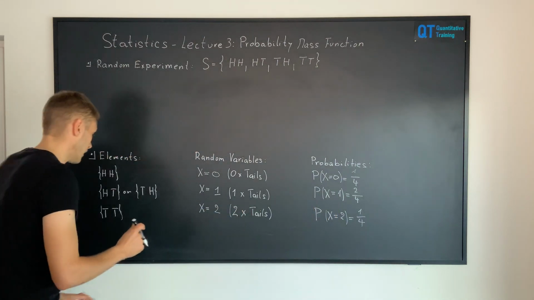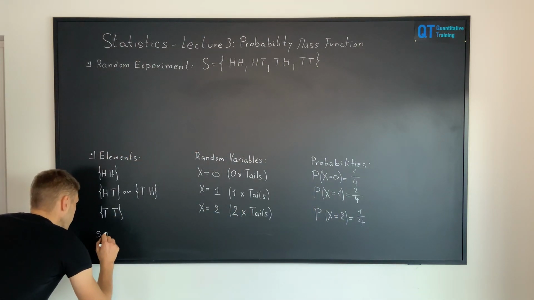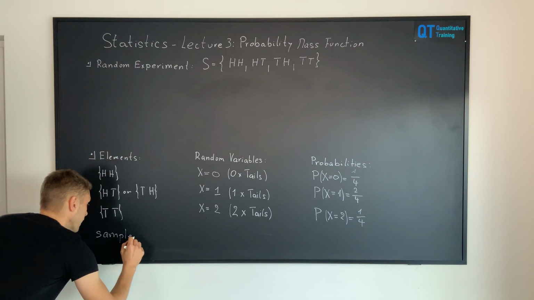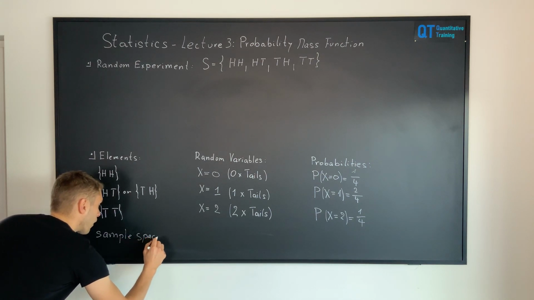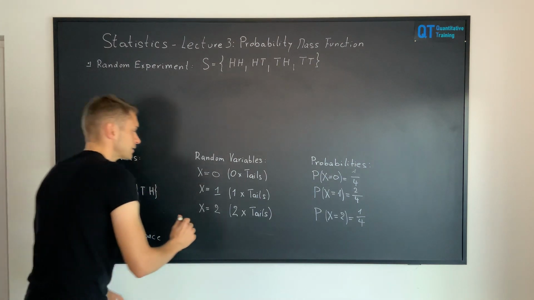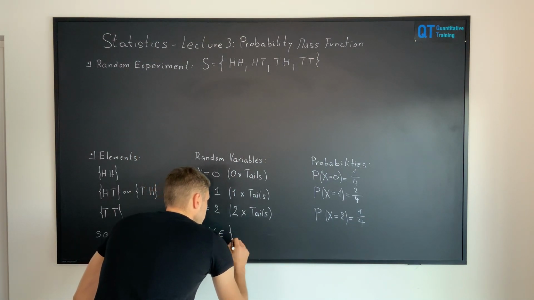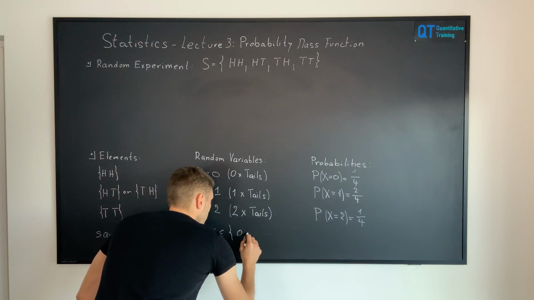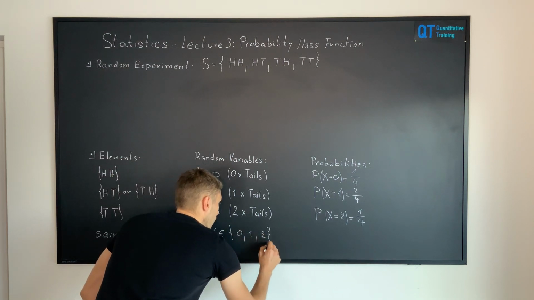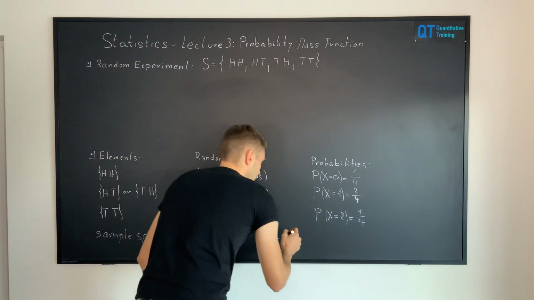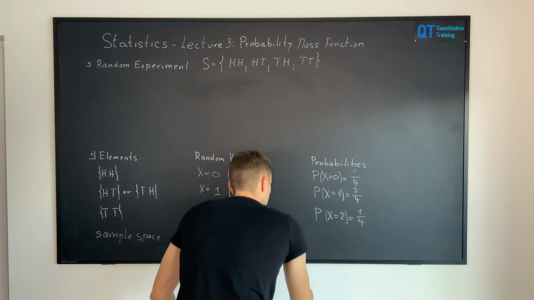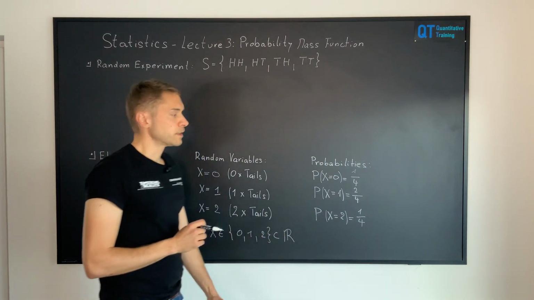So what we have here is the sample space with all the 4 elements. We have x, the random variable, which is contained within the set 0, 1, 2, which is of course included in R, the total set of all real numbers.